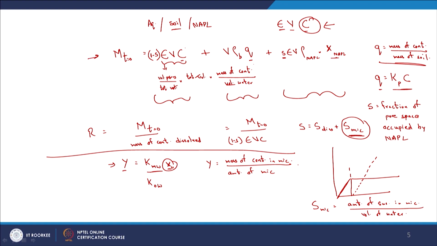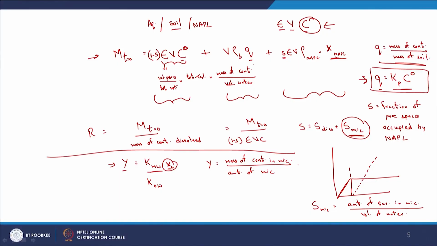Now let us write this down. Initially I had C naught, and Q is equal to Kp C naught in the initial case. C naught is the initial concentration of the relevant contaminant in the water. But one thing to keep in mind is that if there is NAPL, which is the pure contaminant, and it has reached equilibrium with the water and the soil, what will this C be?